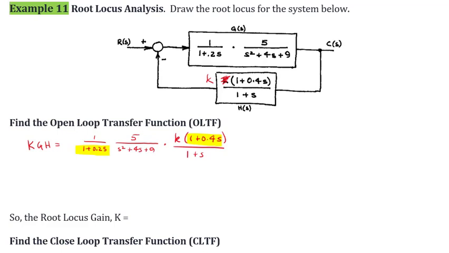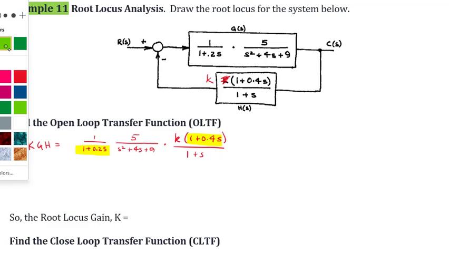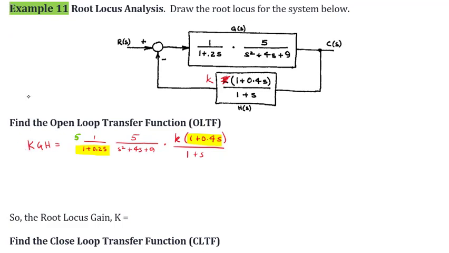For example, if I multiply, and I'm going to do this in a different color, maybe green, if I multiply 5 over 5 here, I can do that, right? Because I'm just multiplying by 5 over 5, which is just a fancy version of 1.